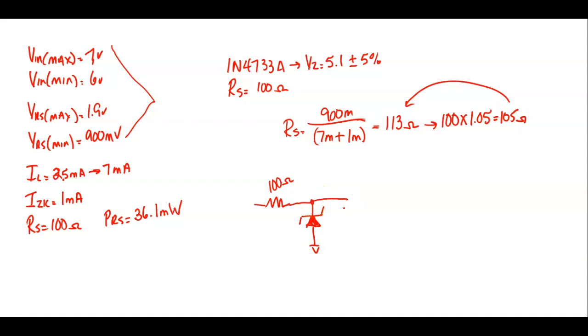So I'm going to use the trainer's variable supplies, so I can change this between 6 volts and 7 volts. Everybody okay? Now I've got to come up with a circuit where I can vary the current.